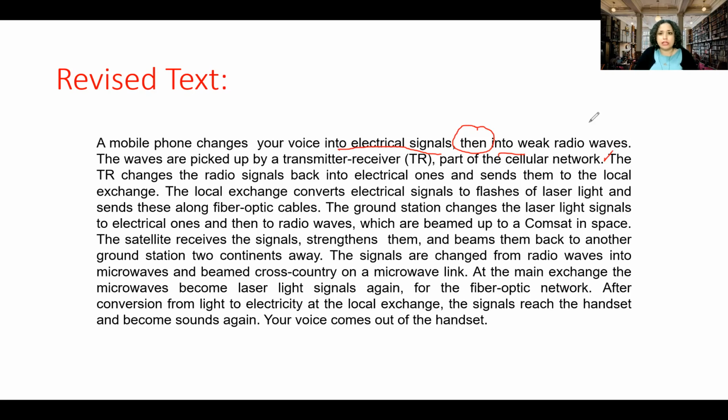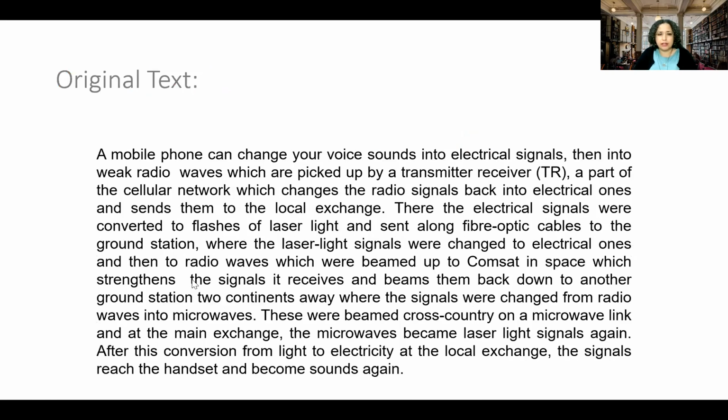Easy. Instead of, I'm going back to the other one. Instead of telling me that the waves are picked up by a transmitter receiver, a part of the cellular network, it's explaining too much, which changes the radio signals back into electrical ones and sends them to the local exchange.